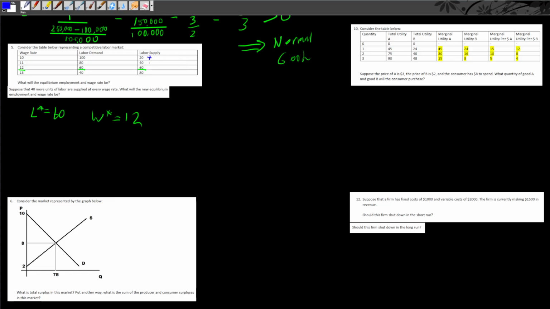So 20 plus 40 is equal to 60. And so this will be our new labor supply curve, S prime. 40 plus 40 is 80. 60 plus 40 is 100. And 80 plus 40 is 120.